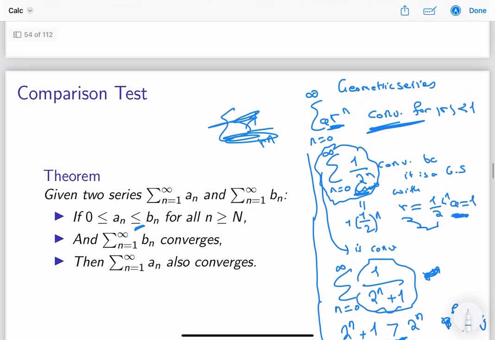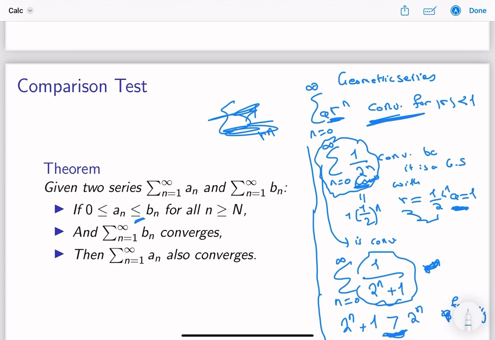Let me state it in a mathematical general form. So if you have a series, the sum of a_n, and you have a series, the sum of b_n, and you know that both the a_n's and the b_n's are non-negative, and you know for sure that a_n is less than b_n, right? And I want to stress here that this is very important.